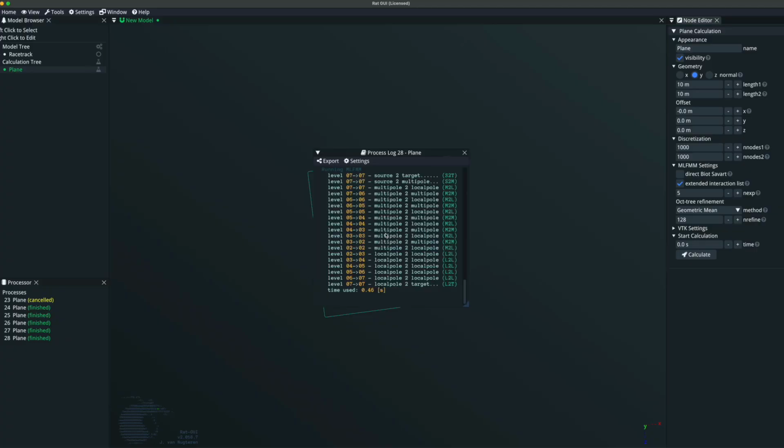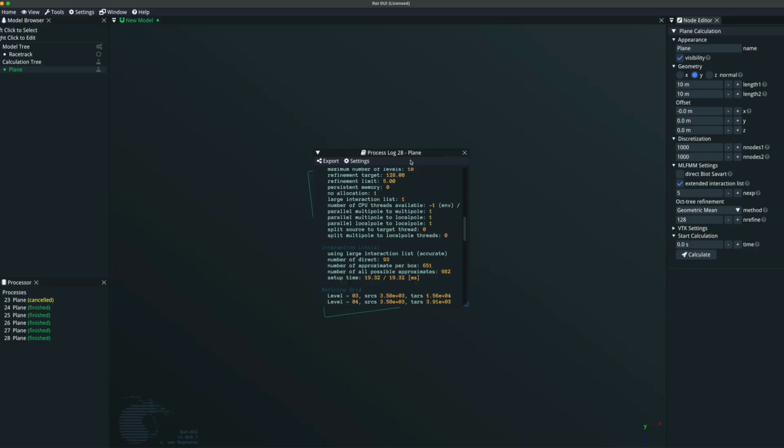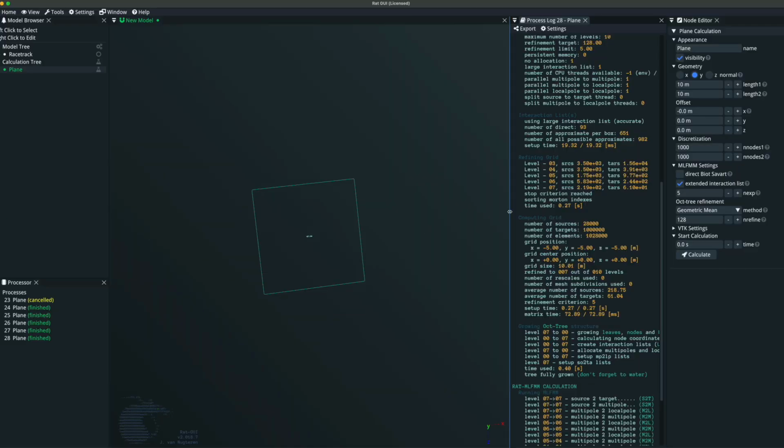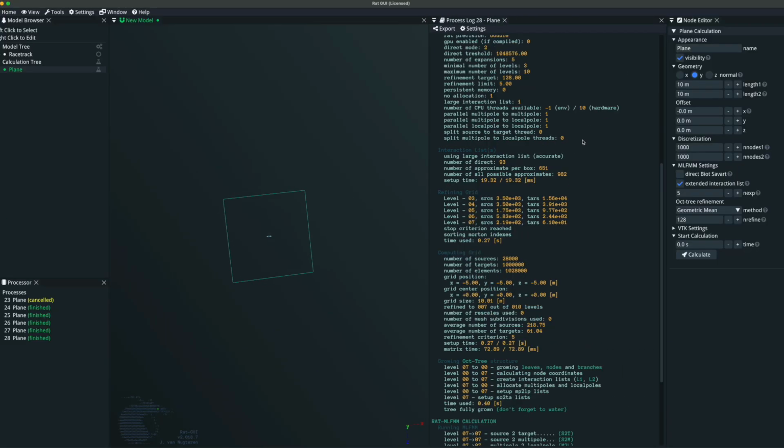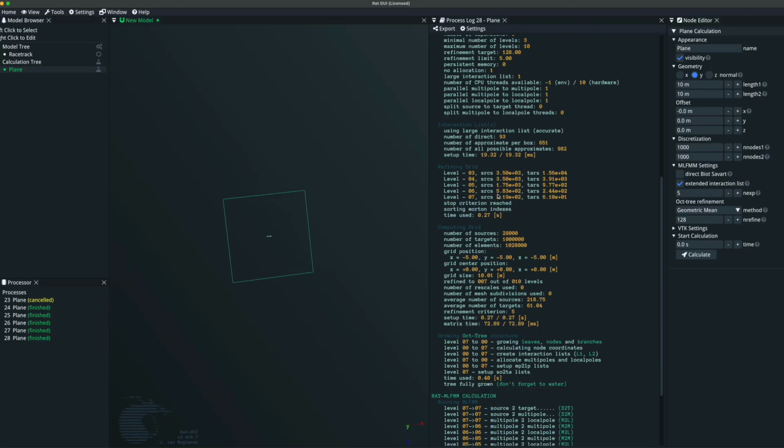Because if we go and look at the logger, you might actually understand the logger a bit better now after this tutorial. You see that here is the refining of the grid. In this case, we have refined until level 7, which is good because I said you want to aim for somewhere between 5 and 8. So this is a good refinement. If it doesn't reach that, we can say, let's do 50.